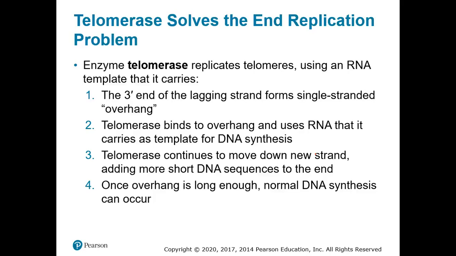Then with every subsequent cell division, we're going to start eating away into that chromosome. That's a problem, and that's actually associated with cellular aging. Up until a point, you're going to hit where your telomeres are gone, and once we start eating into the chromosomes themselves, you're going to see the effects of cellular aging.